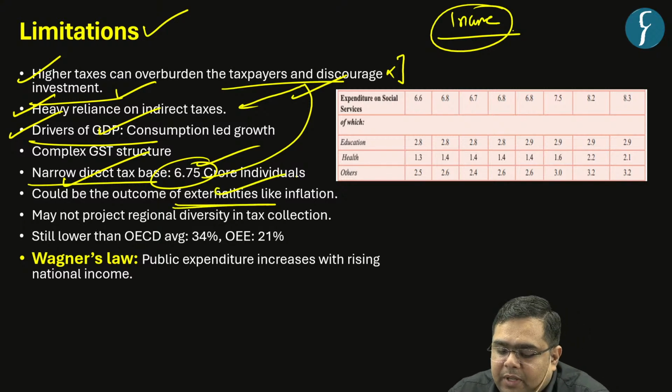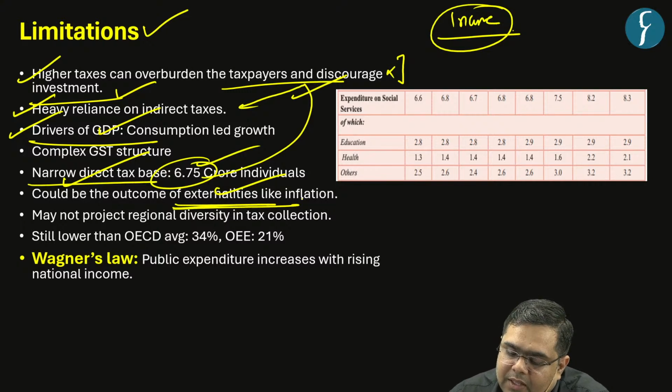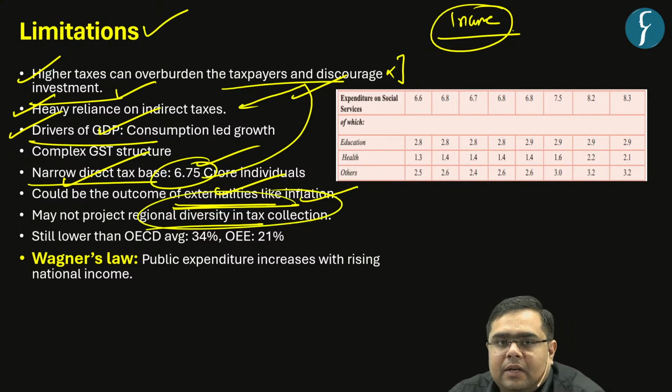Higher collection of taxes could also be a reason for other externalities like inflation, and it may not project regional diversity in the tax collection. This could not reflect the pertinent issues with respect to regional diversity.